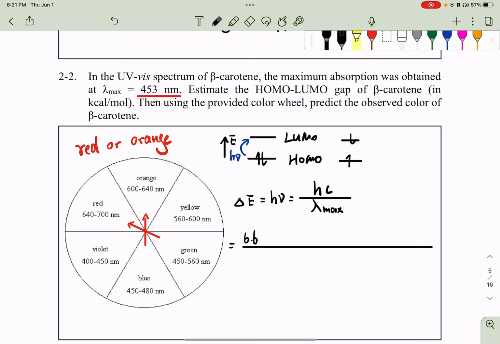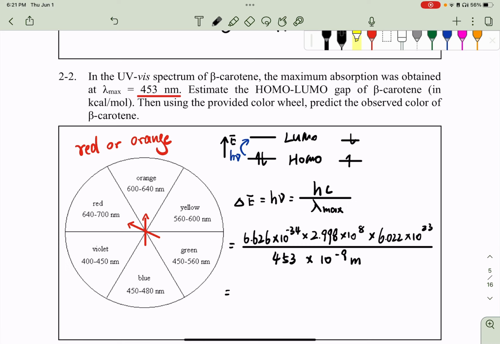We have Planck constant, speed of light. Well, we're representing it in kilocalories per mole, so we need an Avogadro number here, divided by lambda max, which is 453 nanometers, or 453 times 10 to the negative 9 meters.